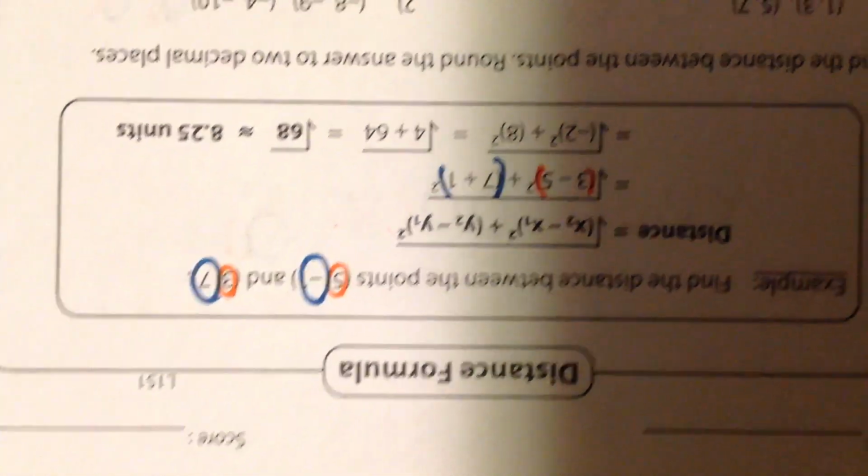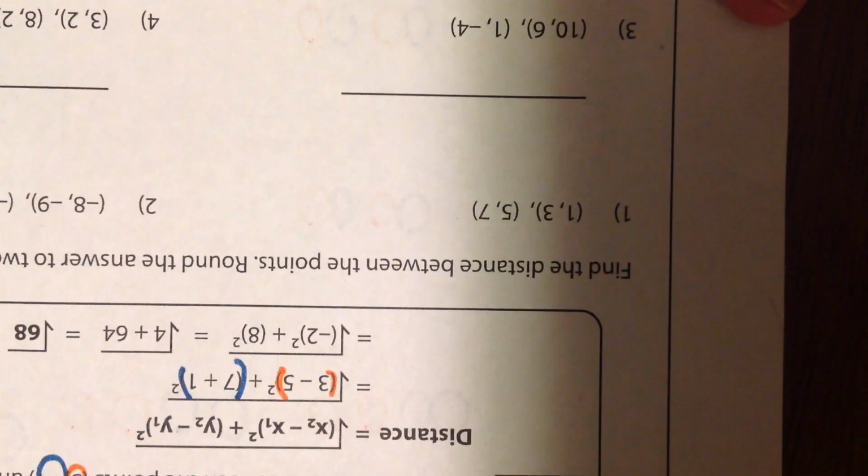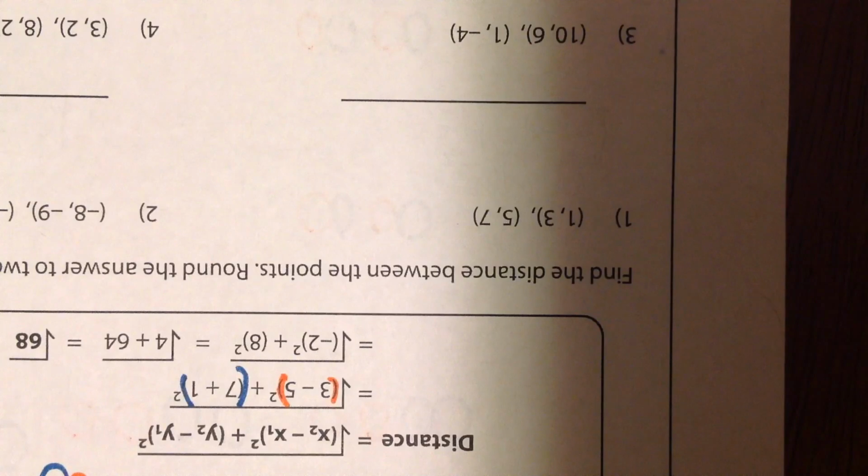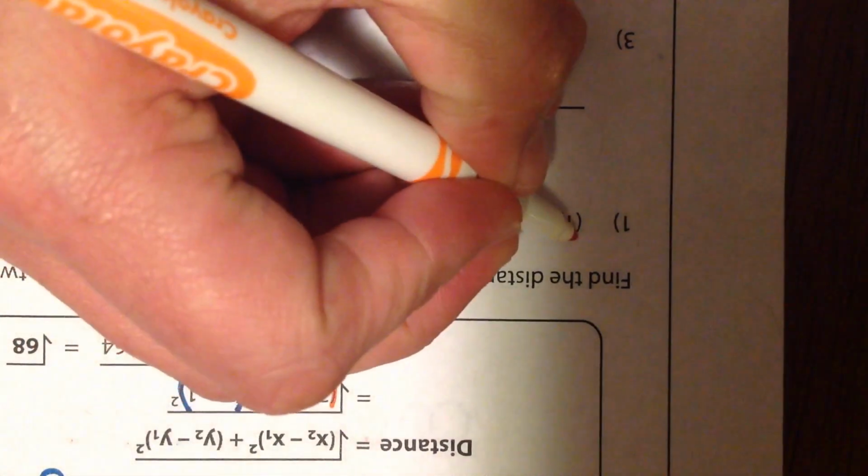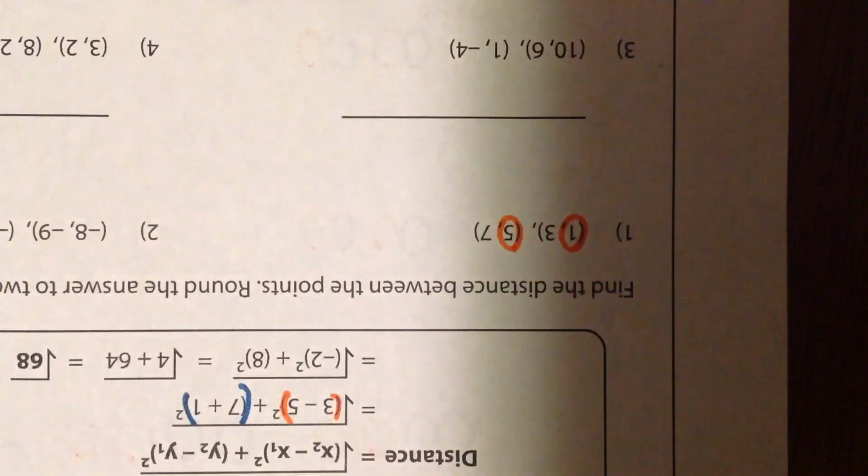So let's try one. I want to find the distance between the points (1, 3) and (5, 7). What I'll do first is circle my x's, and then I'll circle my y's.